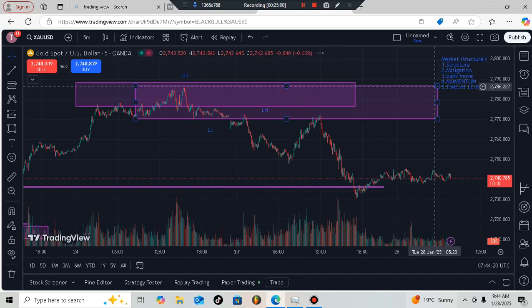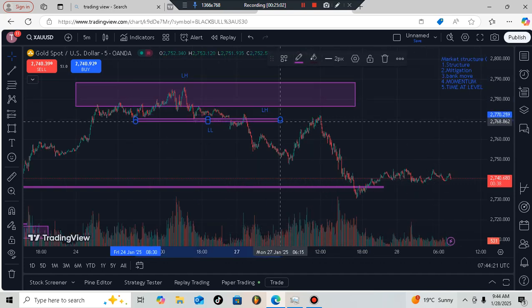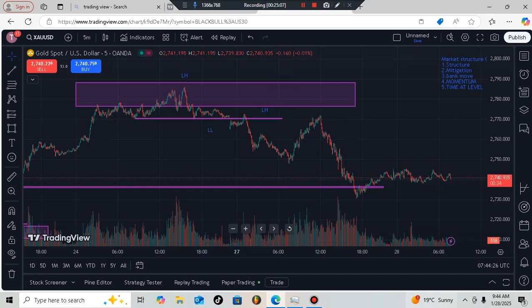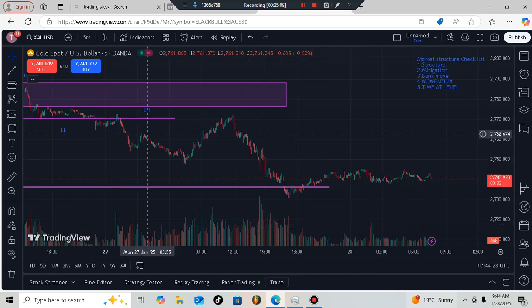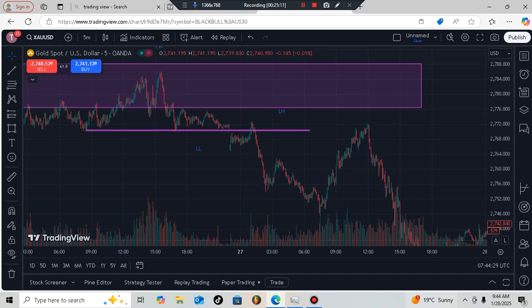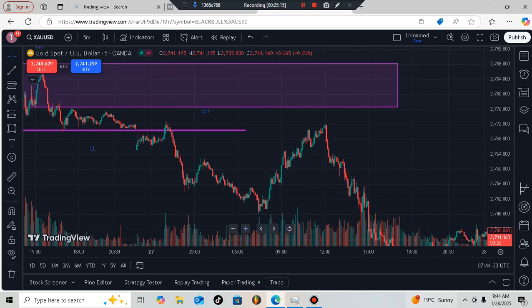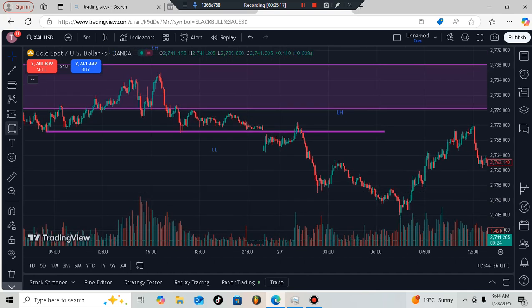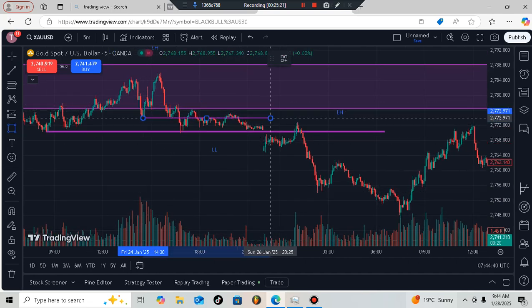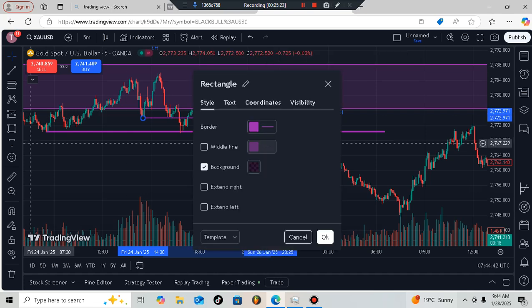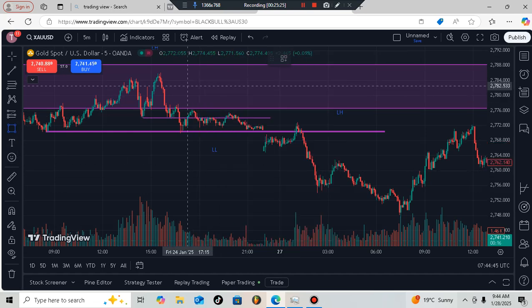So number three, now we start looking at our bank moves. If we dissect this, especially on the H5, let me just move it more closely. Bank move wise, we have break of structures, mini break of structures, and mini mitigation blocks that are important. As you can see, we already have our first drop base drop.